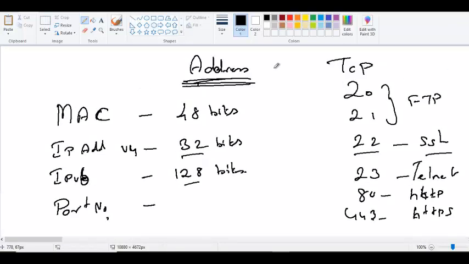And I'll also write one in UDP. UDP 53. Does anyone know what UDP 53 is? Very often this UDP 53 is used. What service uses UDP 53?